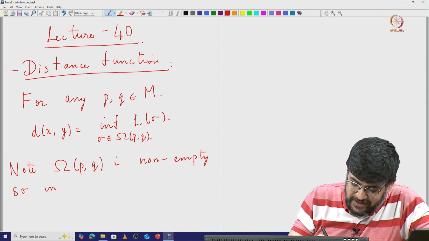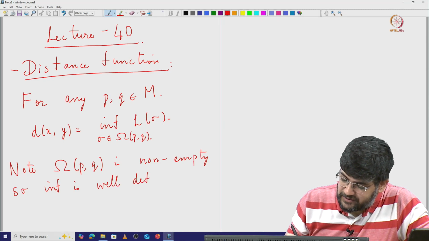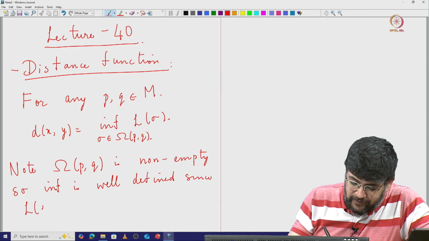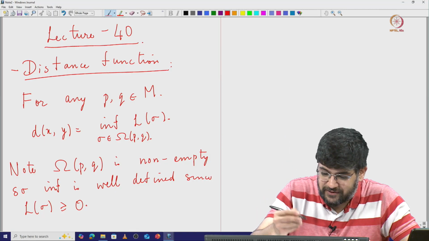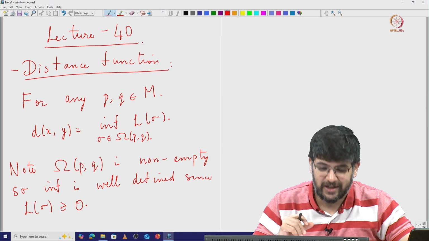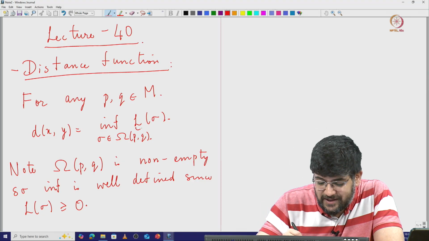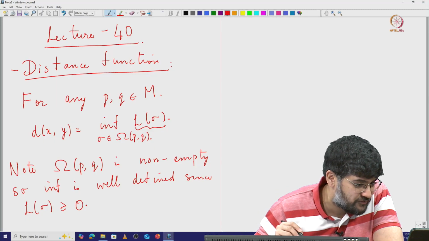The infimum is well defined, since the length is always a non-negative number. In fact, we will see shortly it is going to be a strictly positive number. The lengths are lower bounded and it is a non-empty set, so you can always talk about the infimum.